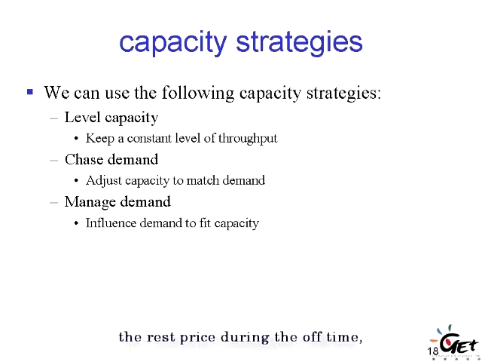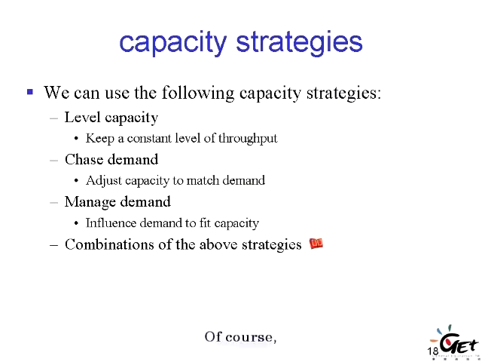During the off time, you can lower the price, so that some people are attracted by the lower prices. They can consume these items during the off time because of this lower price motivation. And of course, we can have combinations of the above three strategies. So these are some possible capacity strategies that we can consider.